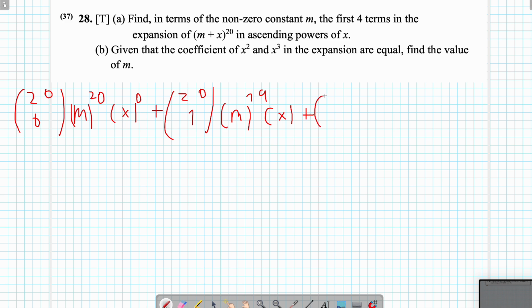plus 20c2 m to the 18 times x squared plus 20c3 m to the 17 times x cubed.